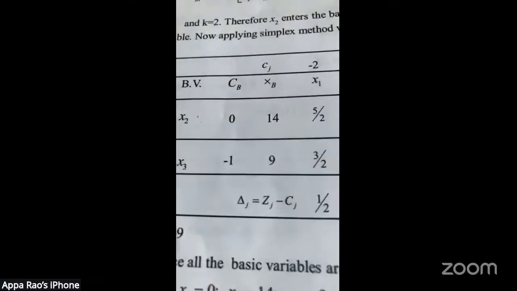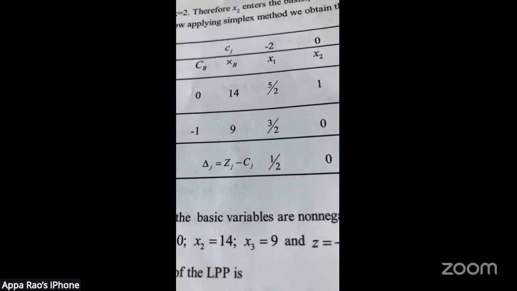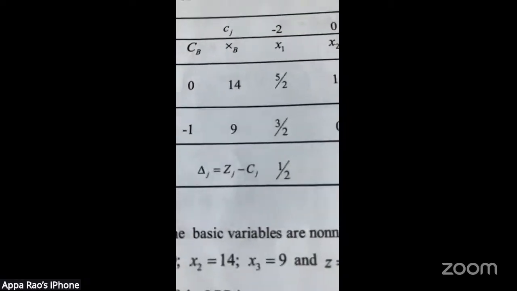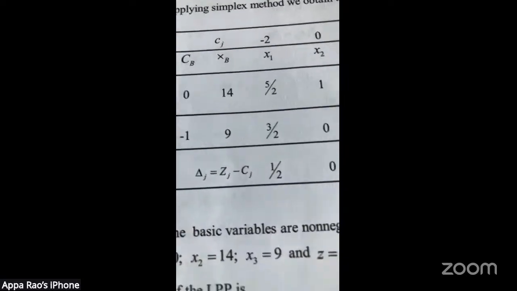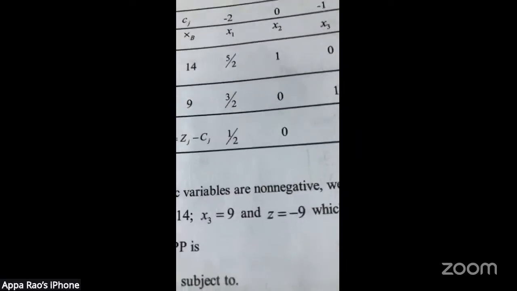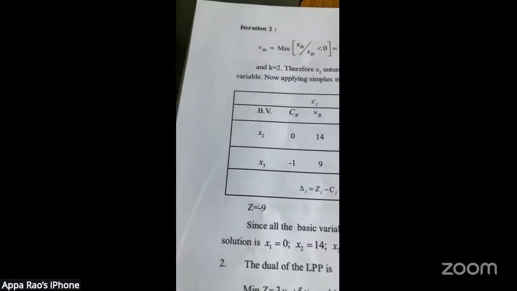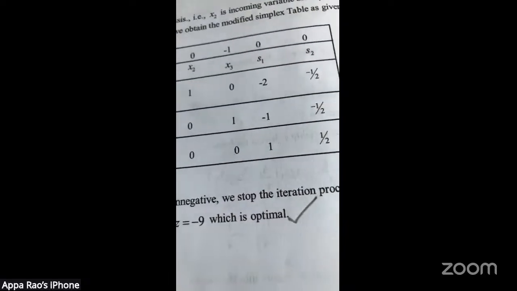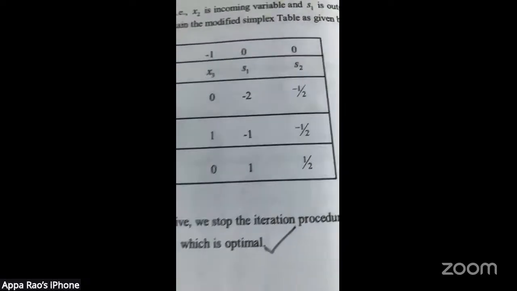So xb equal to 14, 9, x1 1 by 2, 3, 5 by 2, 3 by 2, 1, 0, minus 2, minus 1 by 2.